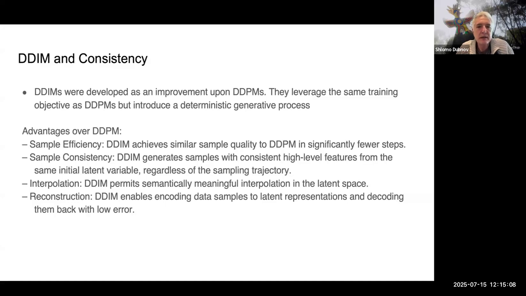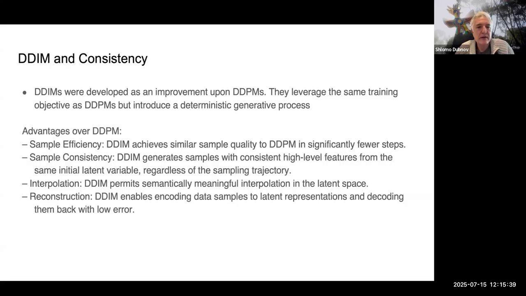So DDIM, which is the denoising implicit models, were developed as an improvement upon DDPMs. The advantage is to leverage the ordinary differential equations formalism, and by doing this, achieve fewer samples, fewer steps.